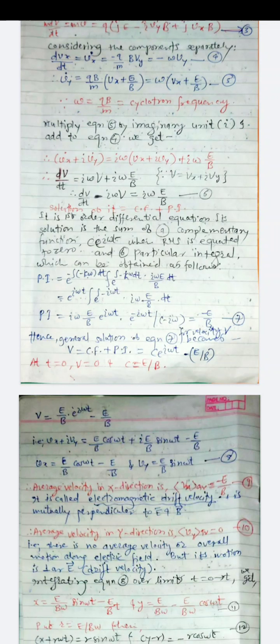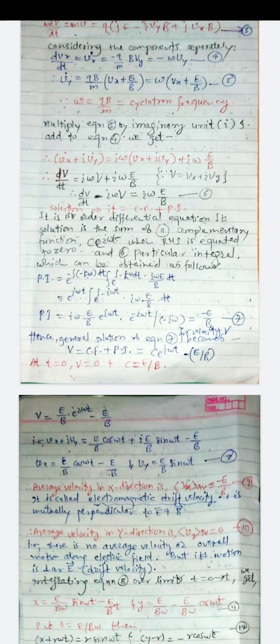Therefore, the general solution for velocity v equals CF plus PI. CF is C e raised to i omega t, and PI equals minus E upon B. Therefore, v equals C e raised to i omega t minus E upon B.